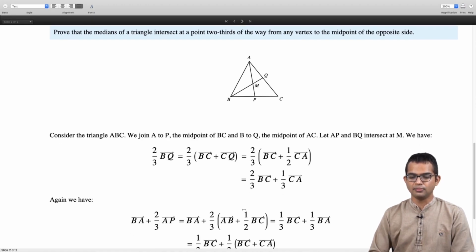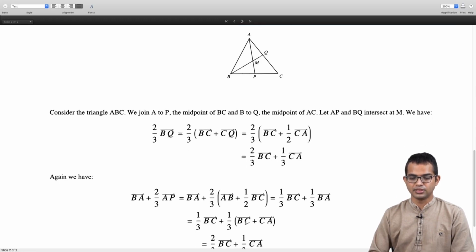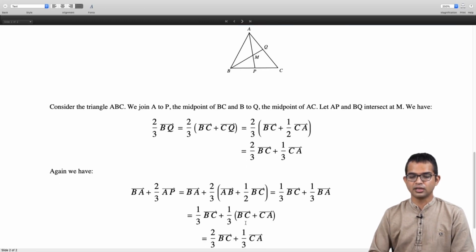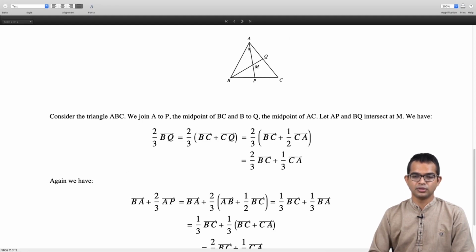But what is BA? BA is BC plus CA. So I can write this as 1/3 BC plus 1/3 of (BC plus CA), which, if I collect all these terms together, gives 2/3 BC plus 1/3 CA. So what I have managed to show is that whether I directly go along the vector BQ with a magnitude which is just 2/3 of this length BQ, I'm going to get the same vector as BA plus 2/3 of AP.